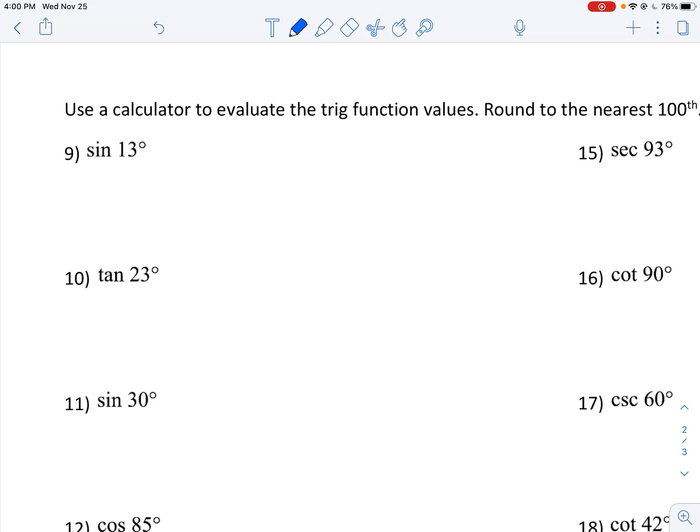So remember how we've been dealing a lot with sine of theta. Well, theta is an angle, and sometimes we actually know what that angle measurement is. If you have something like sine of 13 degrees, that's actually going to be a set value, regardless if you have a small triangle or a very large triangle.